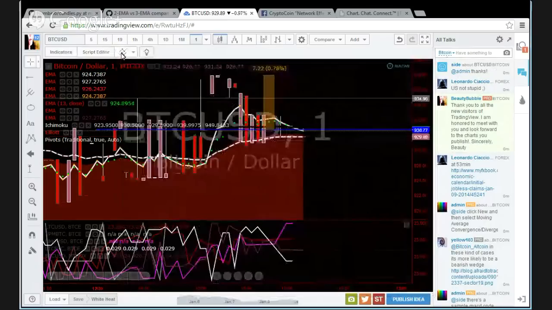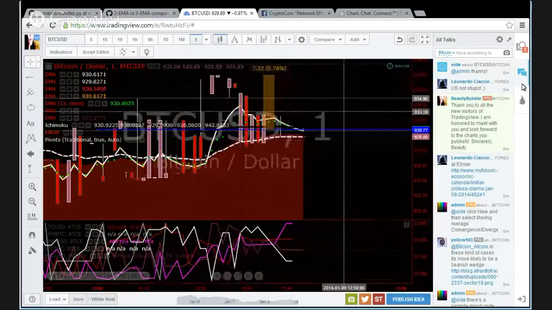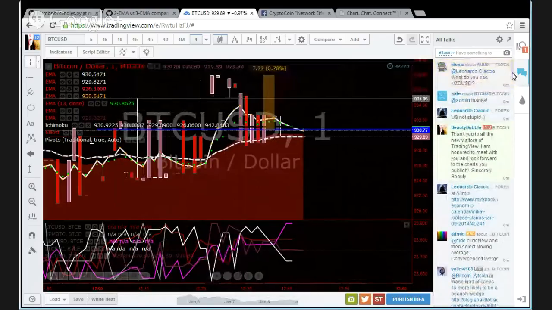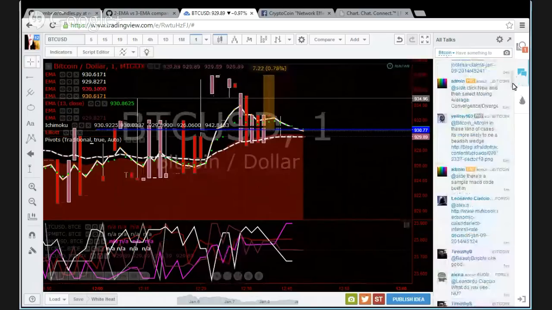And it's saying click New and then select Moving Average Convergence Divergence. Select New.